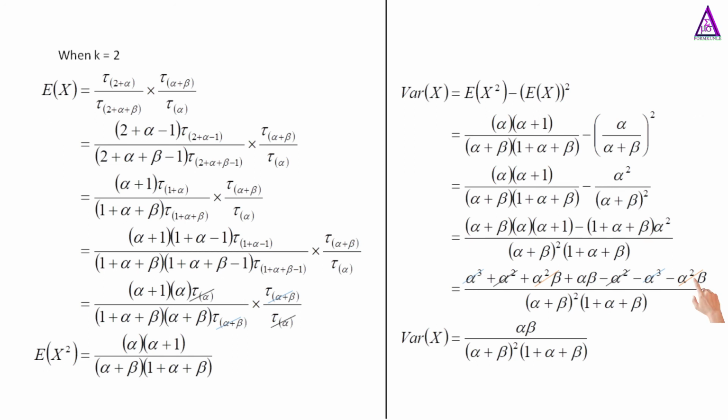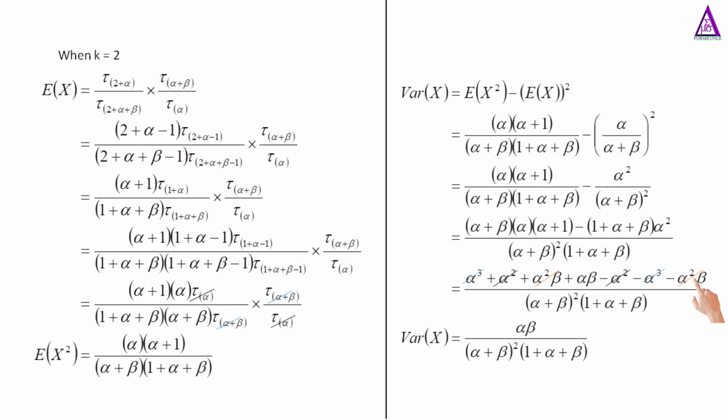we have alpha raised by 3 plus alpha raised by 2 plus alpha raised by 2 beta plus alpha beta. And when we multiply, we open the bracket with alpha square here. With this negative, we have negative alpha square minus alpha cube minus alpha square beta divided by alpha plus beta all square into bracket 1 plus alpha plus beta.